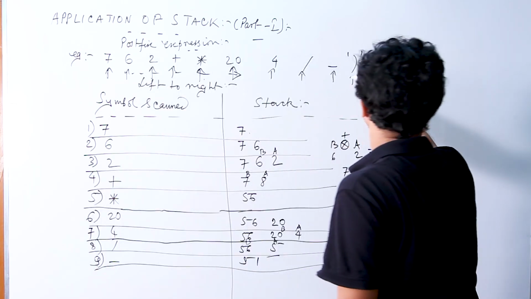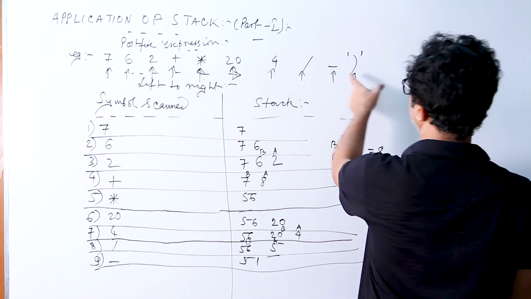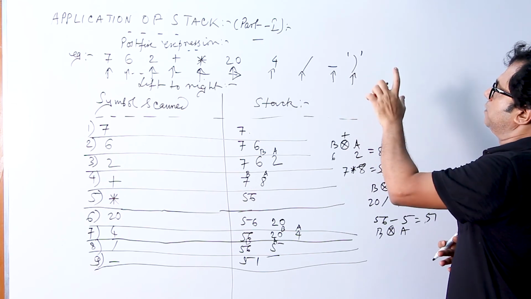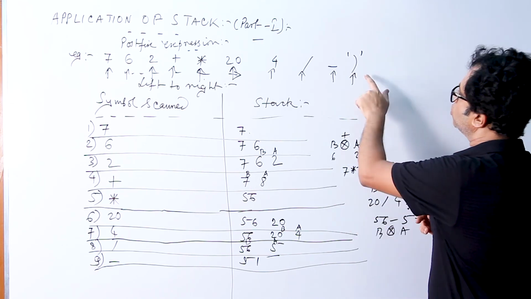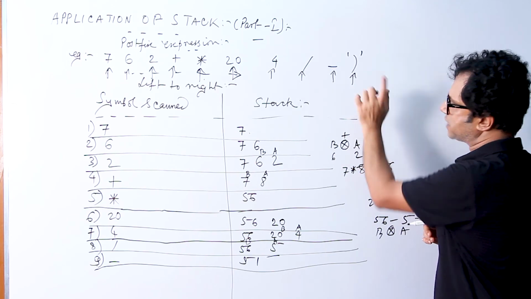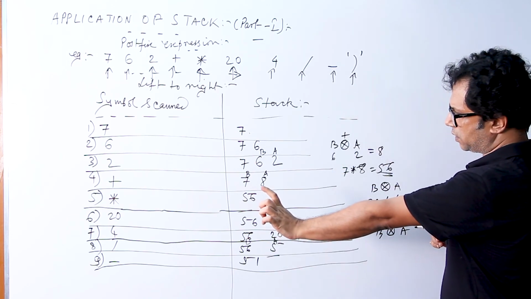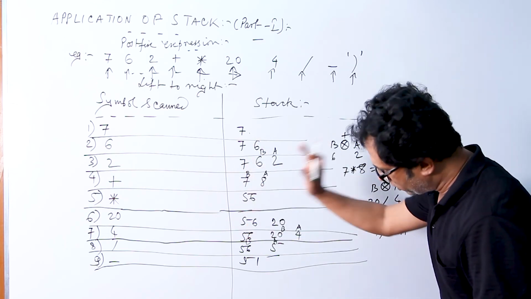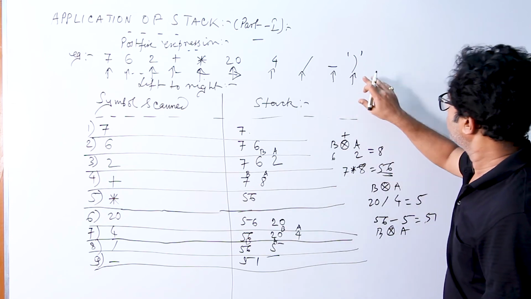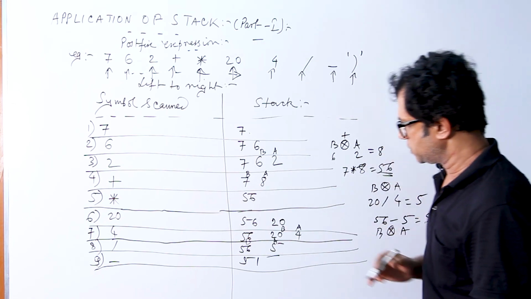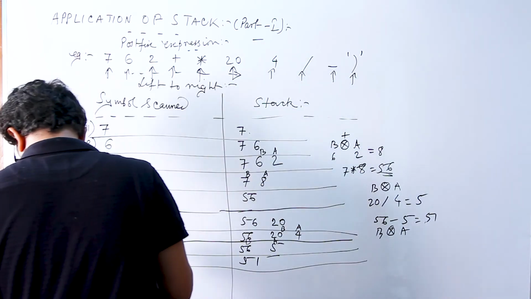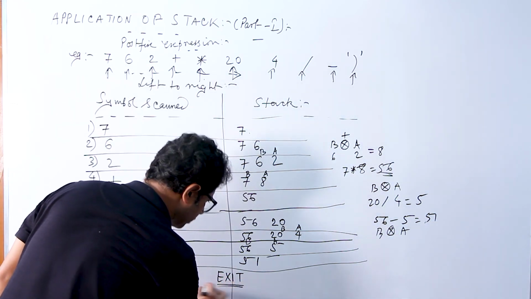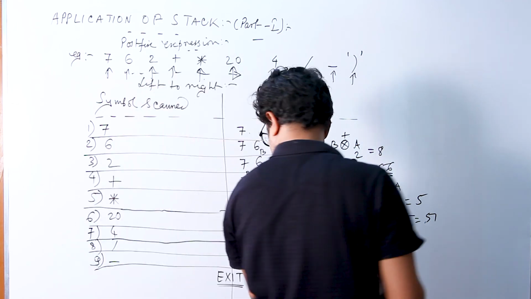Now we see that we encountered the right parenthesis, the closing parenthesis. If we encounter this, the algorithm is going to be exited. We will stop our entire process when we encounter this right parenthesis.